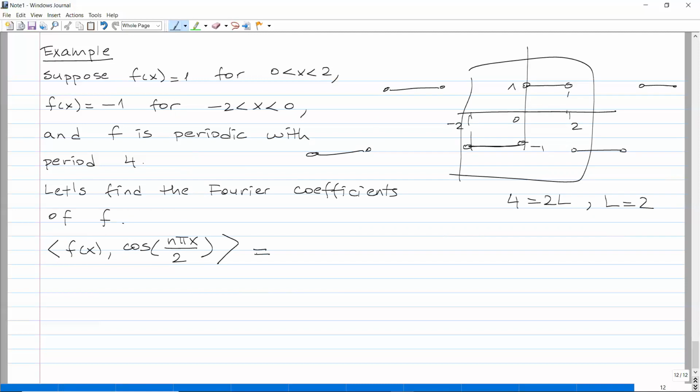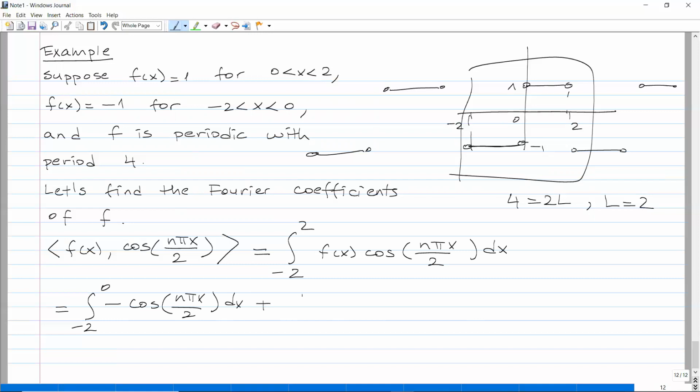So this integral is from minus 2 to 2, remember, from minus L to L, of the function f times cosine n pi x over 2. Now, from minus 2 to 2, we divide it into two pieces. From minus 2 to 0, our function is minus 1, so minus cosine. And from 0 to 2, the function is plus 1.